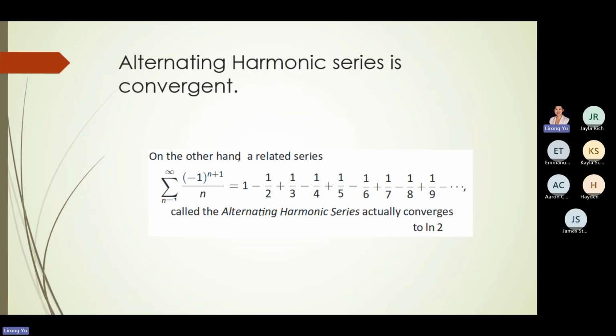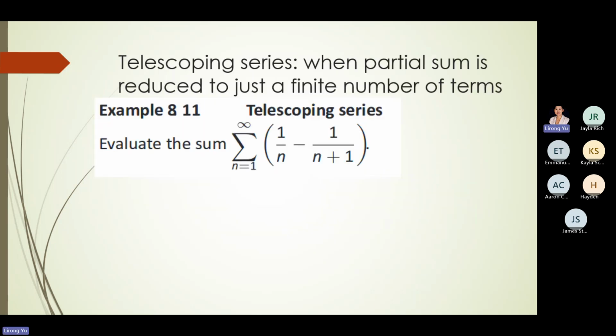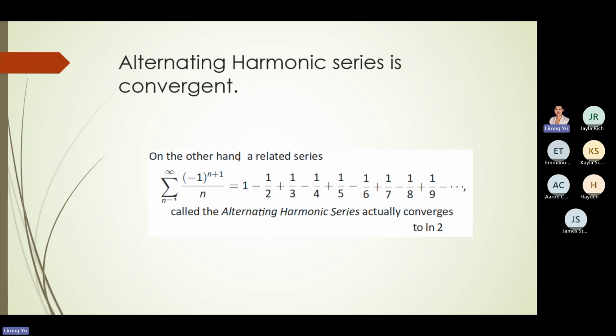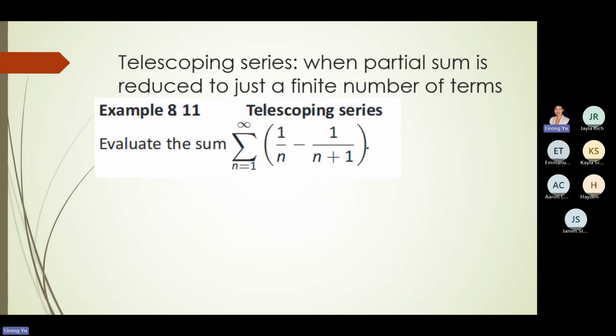This one actually converges. So the harmonic series diverges, but the alternating harmonic series converges. It converges to the value of log 2. We're going to prove it eventually, but for now we just remember the name of the series and what happens to it.